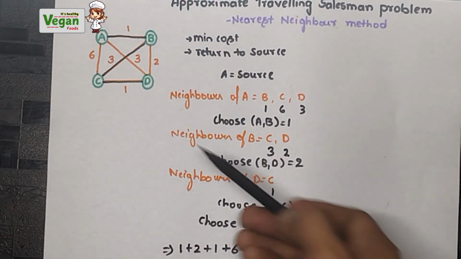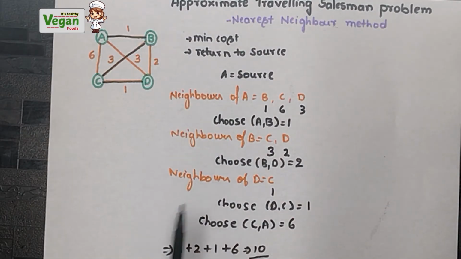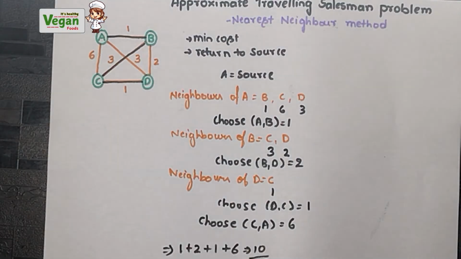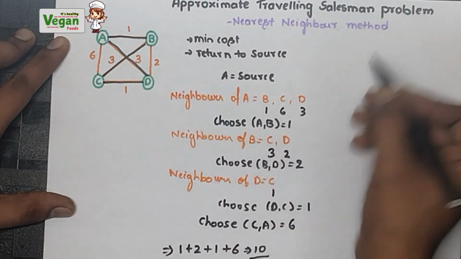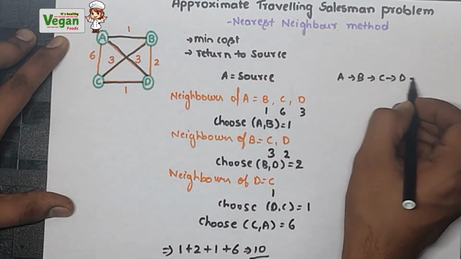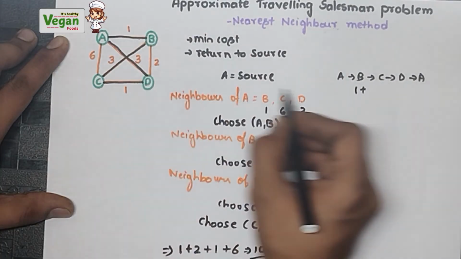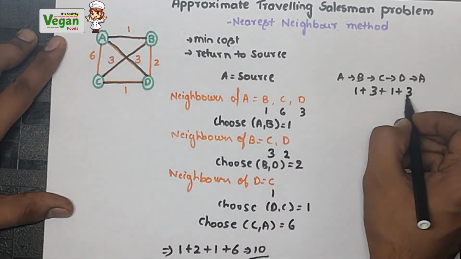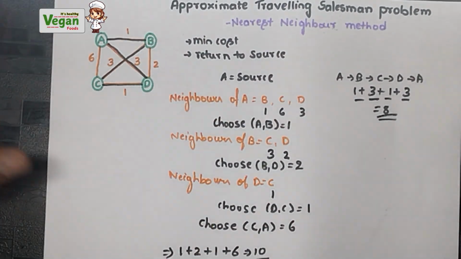Last time we went from A to B, B to D, D to C, and C to A. Another possible least cost path will be A to B, B to C, C to D, and then back from D to A. What will be the cost? From A to B it is 1, from B to C it is 3, C to D it is 1, D to A it is 3. 3 plus 3 is 6, 6 plus 2 is 8. So here we got 10, and here we got 8.